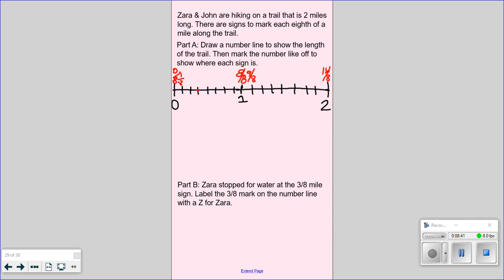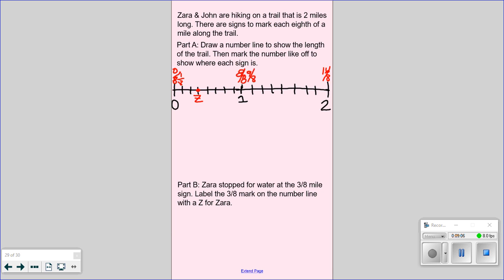I'm going to put a little dot over top of where 3/8 is, and then I'm going to write Z. Z for Zara, because I know that is where Zara stopped to get water. So far, so good?